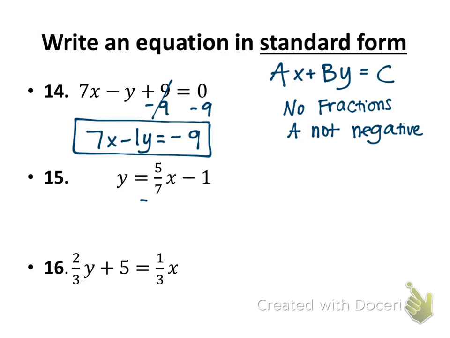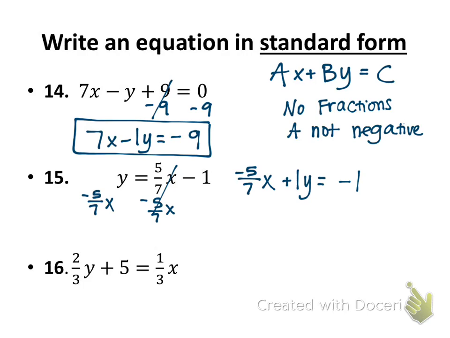Subtract 5 over 7x. Why am I subtracting? To get it on the other side, but why didn't I add? Because 5 over 7 is positive, so I have to do the opposite, which is subtract. So now I have negative 5 over 7x plus 1y equals negative 1. Don't forget about the negative in front of the 1.